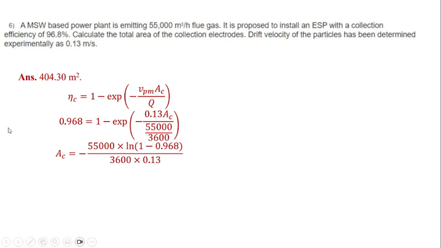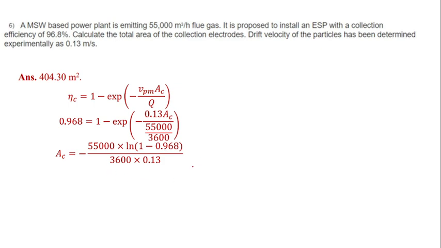Let's see the answer. So the right answer is 404.3 meter square. So efficiency is equal to 1 minus exponential of minus W into AC divided by Q. So drift velocity is 0.13, AC is unknown, Q is obtained by substituting 55,000 divided by 3,600, and the ln of 1 minus 0.968 is taken to eliminate the exponential factor.